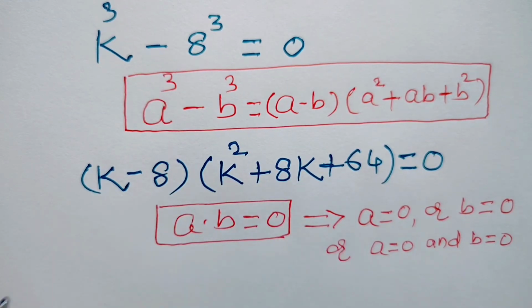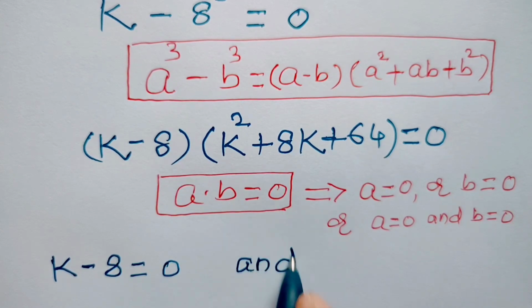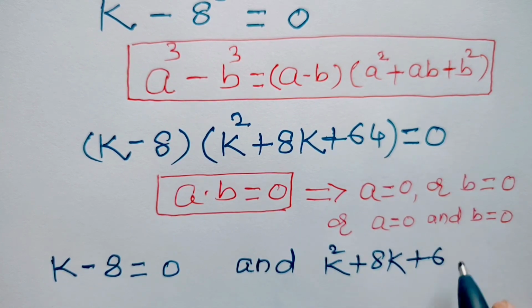Hence this can be written as k minus 8 is equal to 0 and k square plus 8k plus 64 is equal to 0.